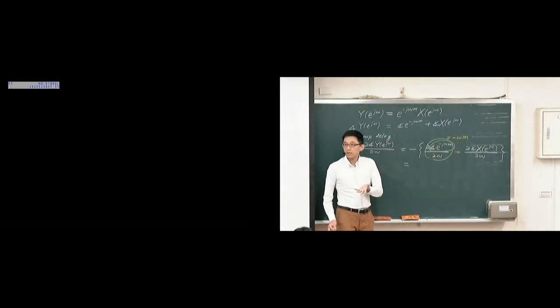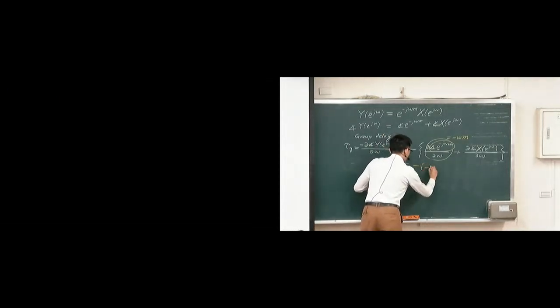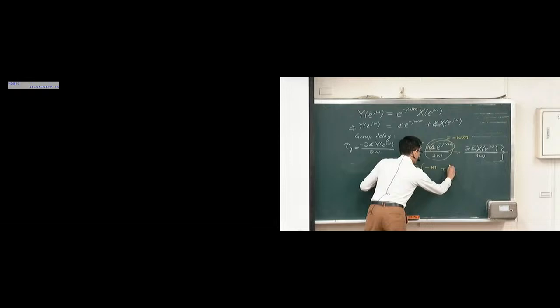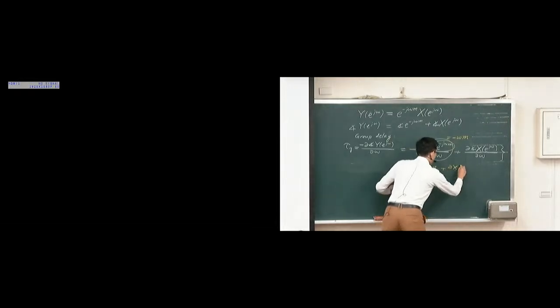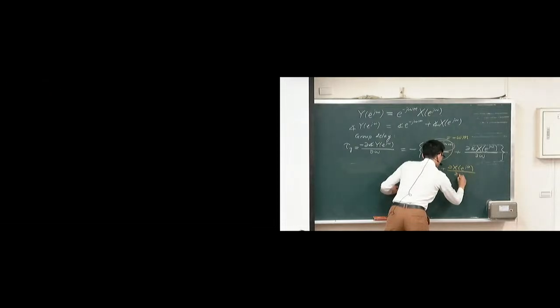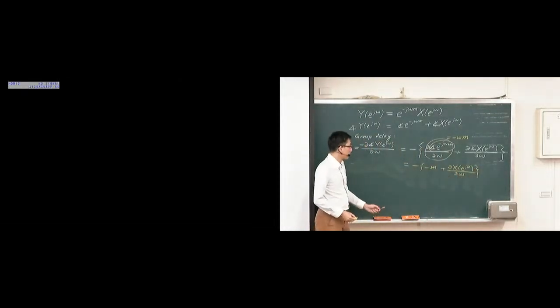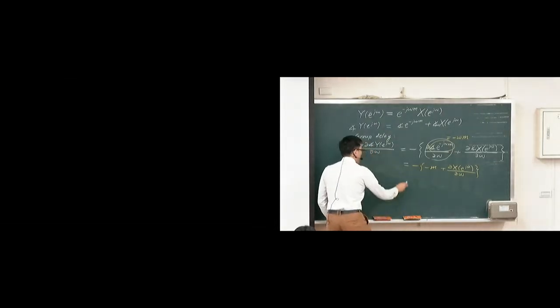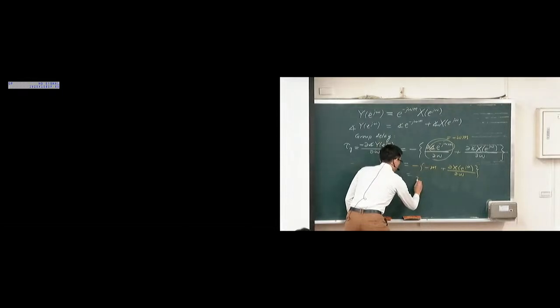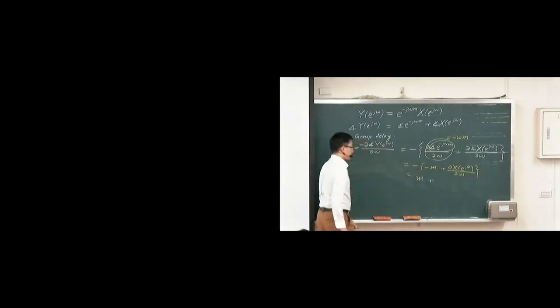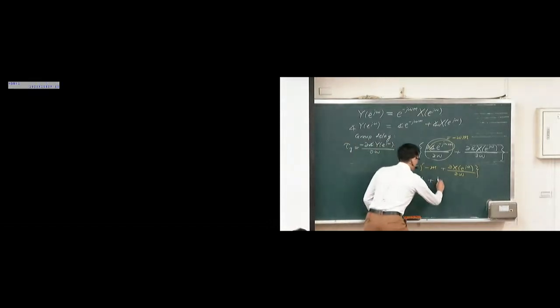We get minus m. So we have minus m, and let me copy that term over here. I close the brace, and then this becomes an interesting property. Here we have minus m, and plus something.